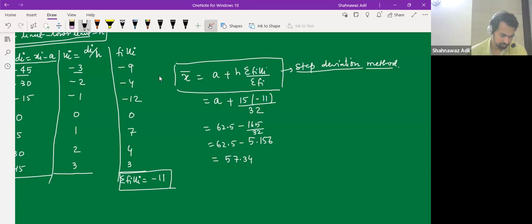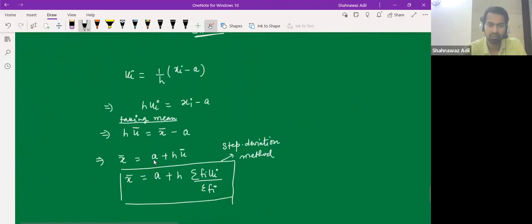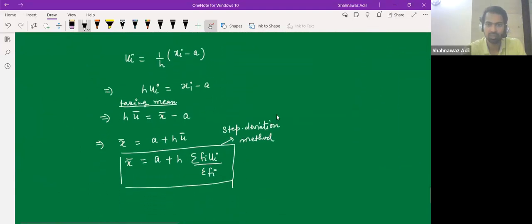Done, sir. Okay, so please note down this part. This is not needed, but just for clarification of how we got these. So why is it not needed? Because this will not come in the exam, right? Okay, sir.